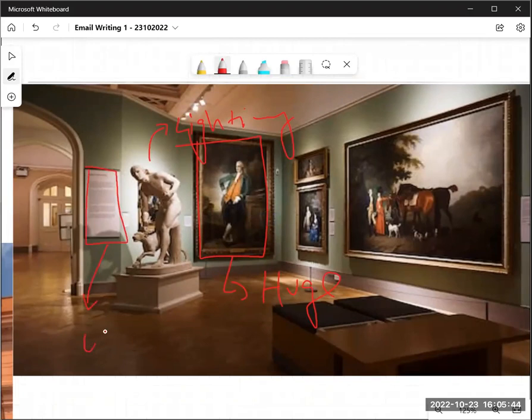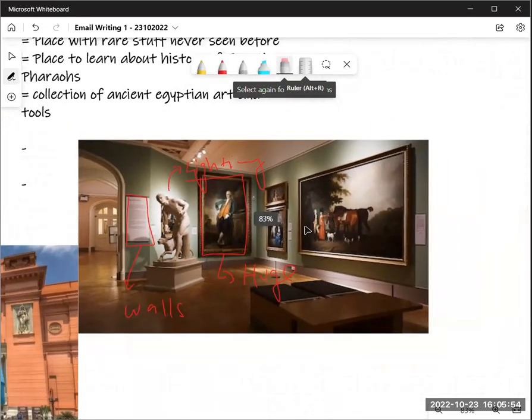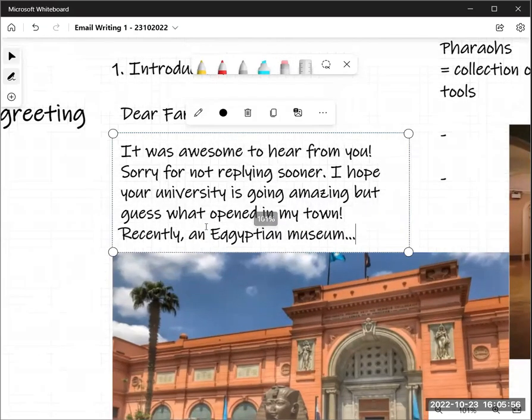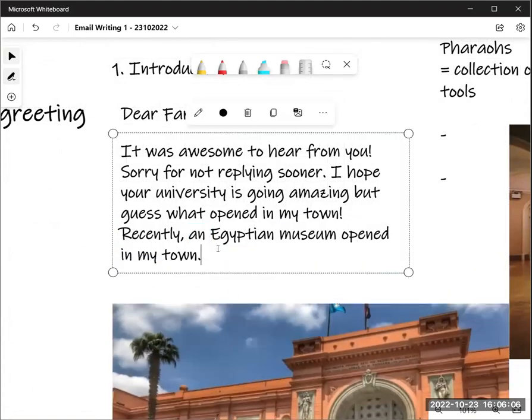Excuse me, sir. Yes, Diana. Before writing all of this, we have to say that we visited the place or something, right? Yes, you have to. So we have done that right here. In the first paragraph, we'll say, recently an Egyptian museum opened in my town. And you have to tell them that you visited, which is given in the question.